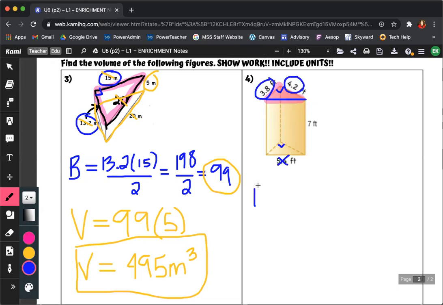So for our area of the base, we're doing 3.8 times 4.2 divided by 2. Working with decimals, I'm definitely going to plug that into the calculator. 3.8 times 4.2 is 15.96.